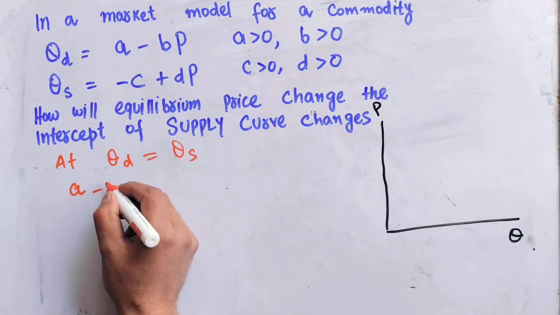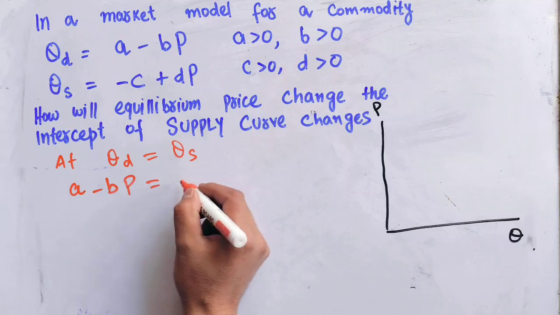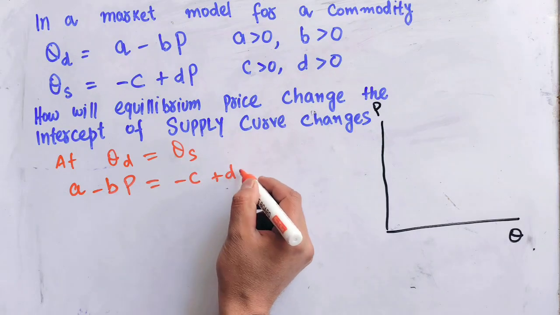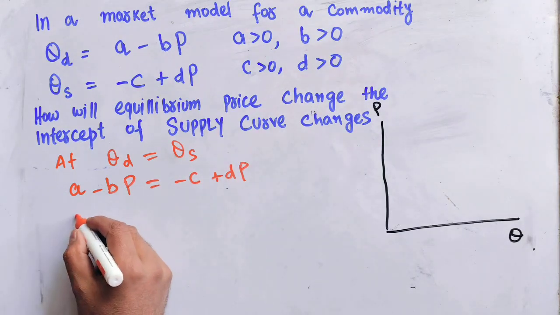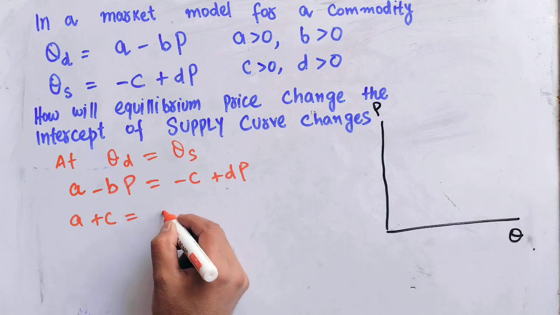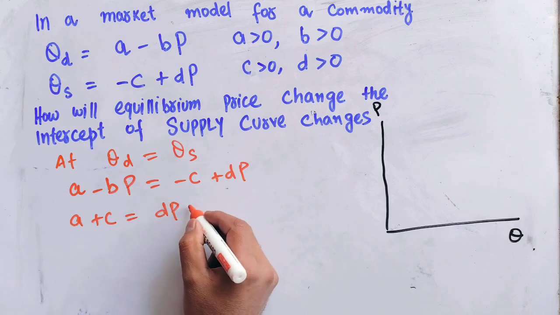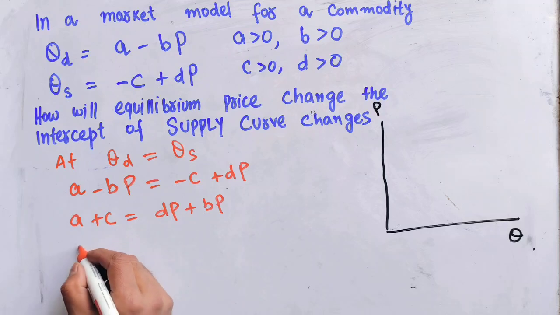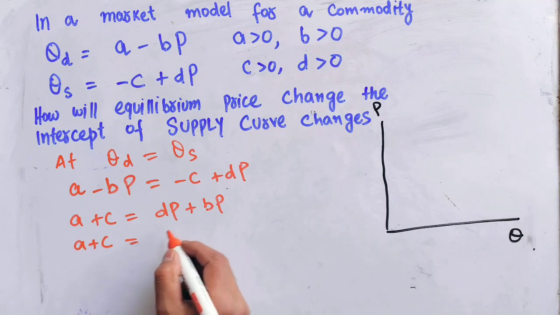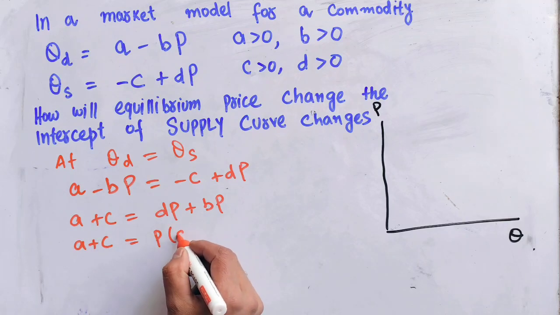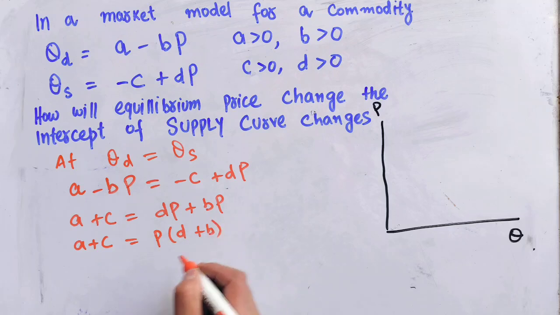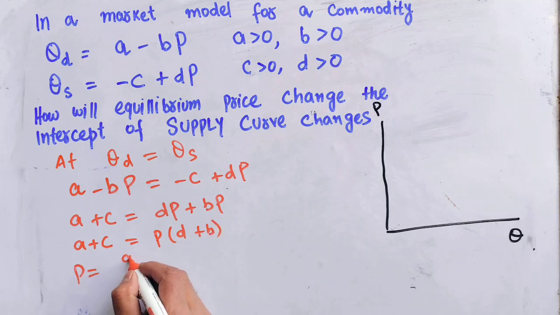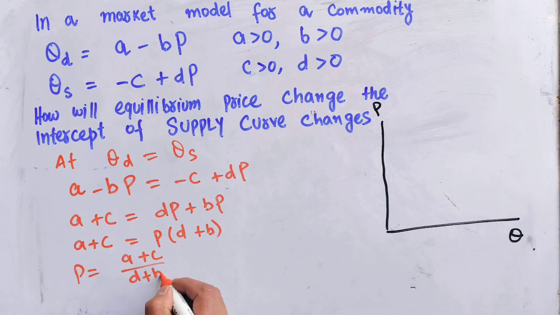A minus BP should be equal to minus C plus DP, which gives A plus C is equal to DP plus BP. Taking P common, A plus C is equal to (D plus B) times P, so P is equal to A plus C divided by D plus B. This is our equilibrium price.